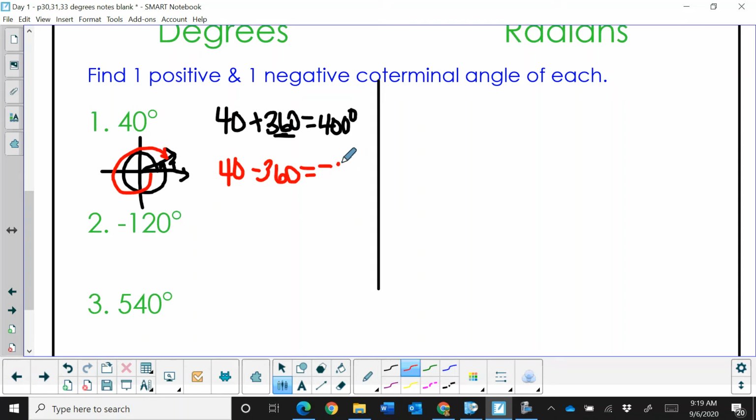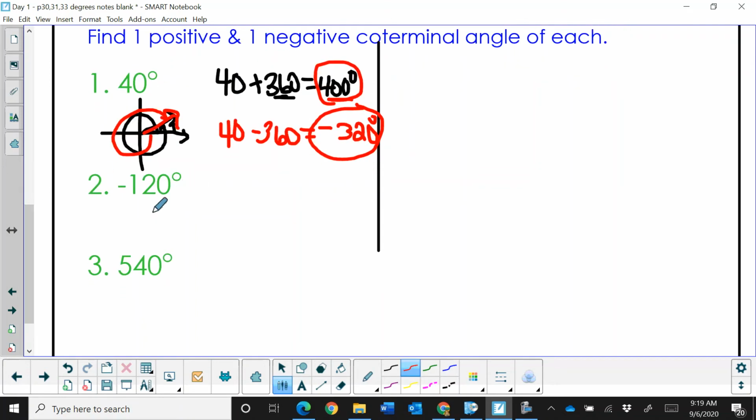So that's negative 320 degrees. Now, both of these angles start on the positive x-axis and end with the same terminal side, but we just get there two different ways. So there's a positive and a negative coterminal angle for 40.